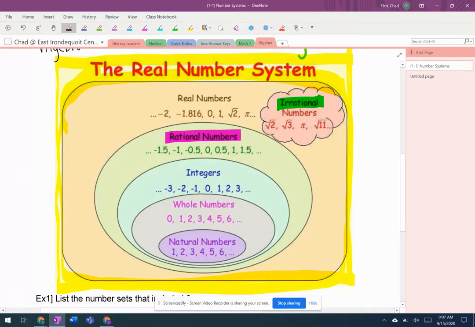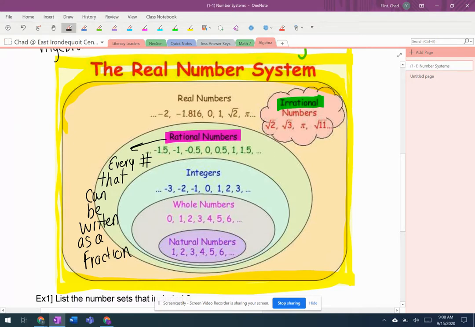I'm just trying to figure out where to write this. I'm going to do a little arrow. So rational numbers are any number that can be written as a fraction.